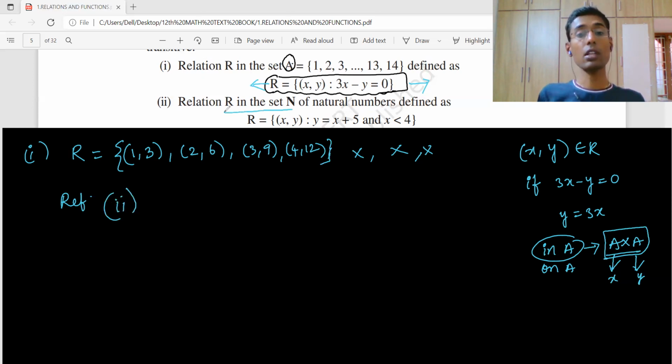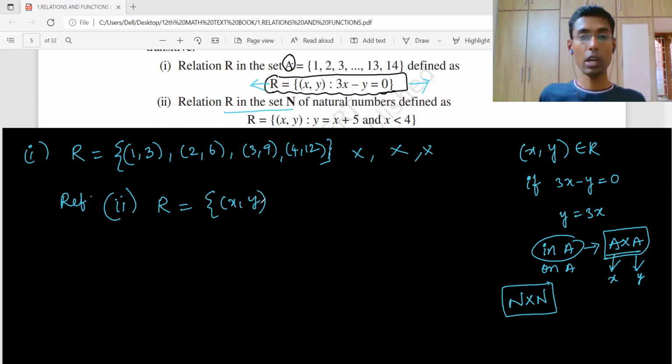Relation R in the set N, that means from N to N, natural numbers to natural numbers, defined as {(x, y) : y equal to x plus 5 and x less than 4}. This becomes finite now.